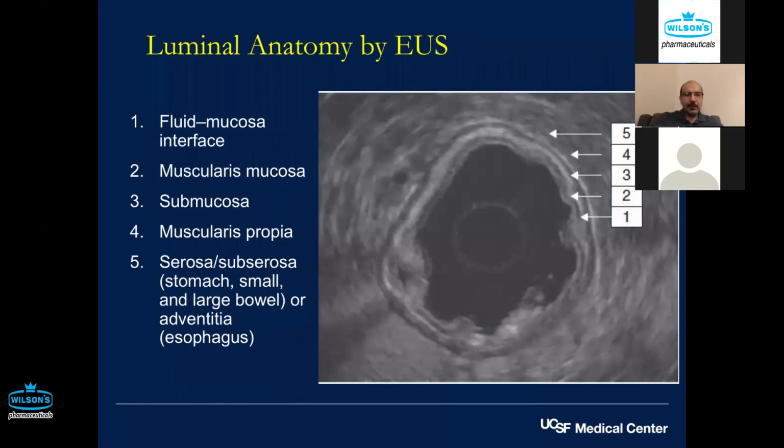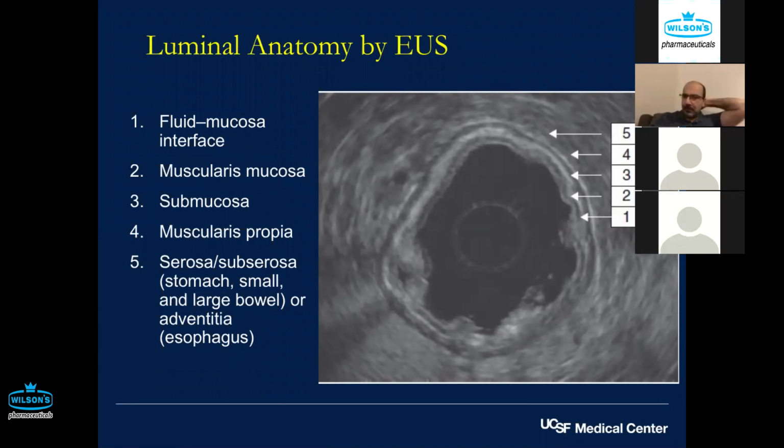So in terms of the luminal layers, this is some basics that will be covered over and over in other talks, but you have the 5 layers. The first bright layer is going to be the mucosal interface, and right below it, the first dark layer will be the muscularis mucosa. The brighter layer will be the submucosa, and then the 4th layer is muscularis propria.